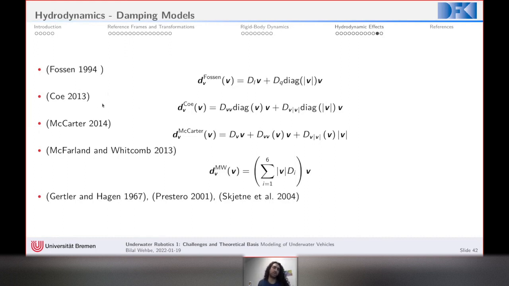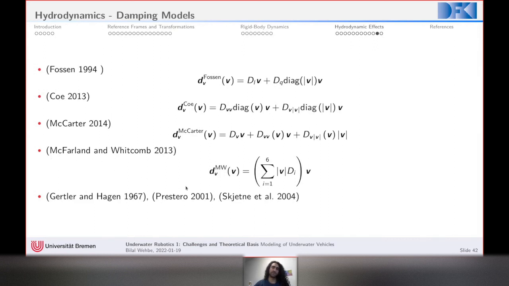Some other sources have a little bit more complex models. This one here, for example, mixes both second order modulus and truncated Taylor series together. There's also Mercator 2014, for example, which has these matrices: a linear, a quadratic, or a double quadratic, one with absolute value and without.